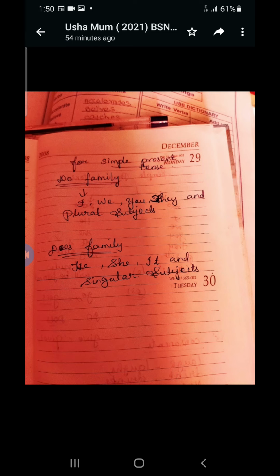So each family has members. In simple present tense also we have 2 family members. First one is do family, second one is does family.